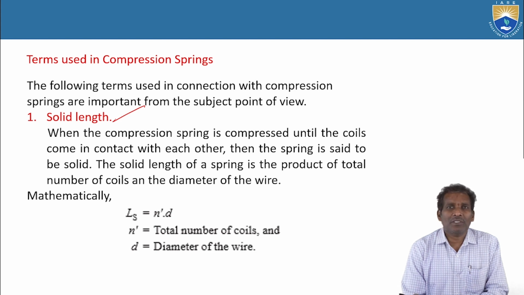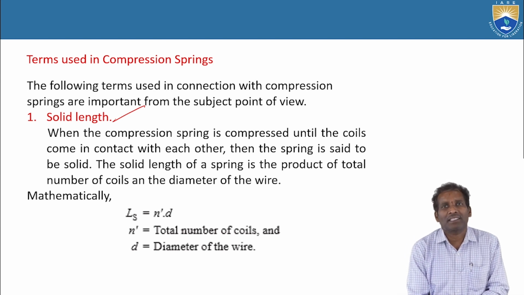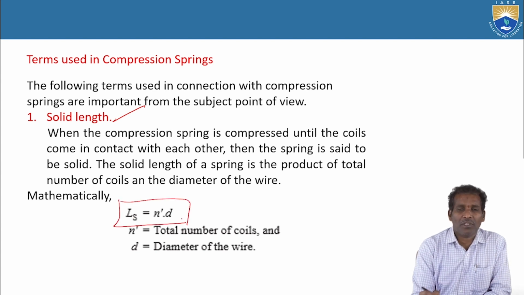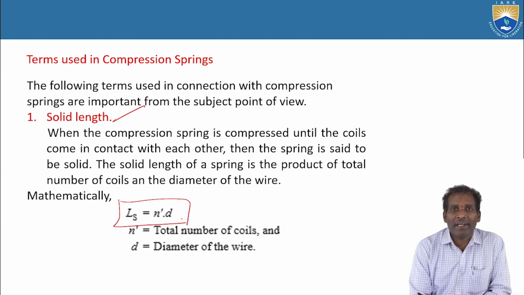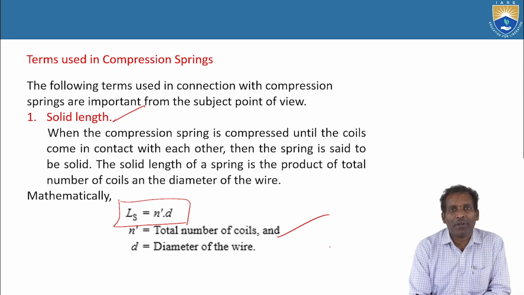The solid length of a spring is the product of the total number of coils and the diameter of the wire. So you can use this formula. Solid length is equal to N dash multiplied with d. So what is N dash here? Total number of coils, and small d is the diameter of the wire. So this product gives the solid length of the spring.